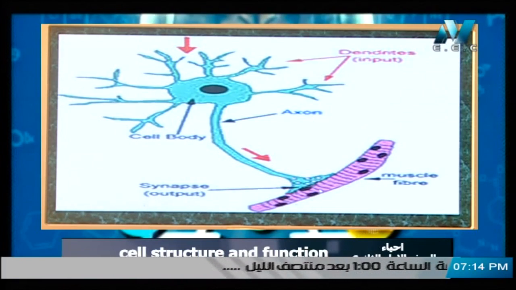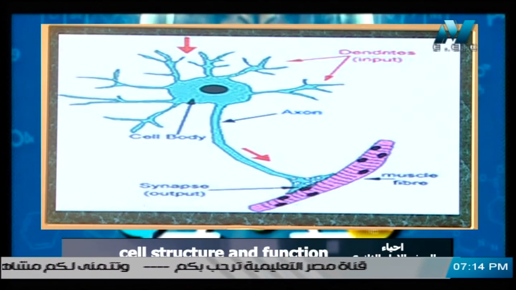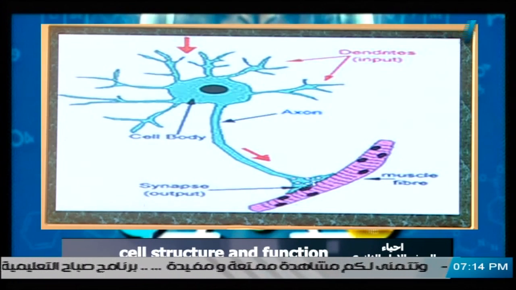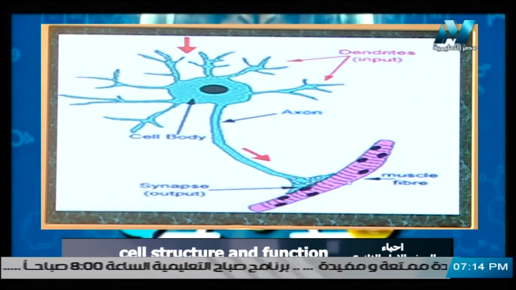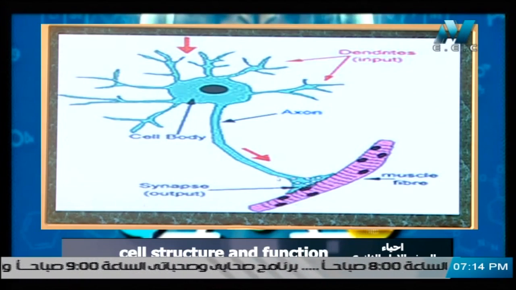This is very long. The axon in some types of cell can reach a meter or more, and this is the muscles of your body. Do you see the terminal of the axon is joined with the muscles to receive or send the impulses?